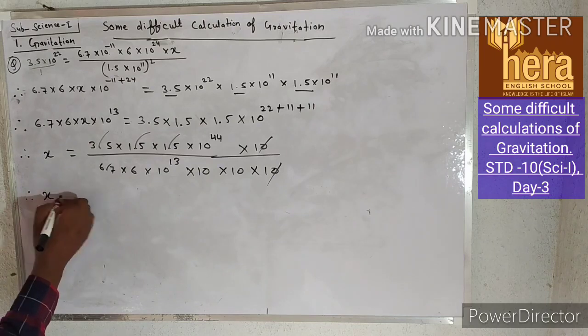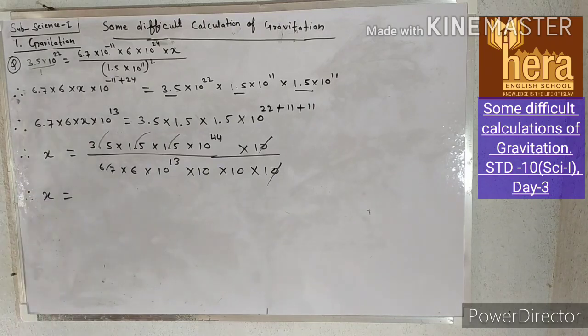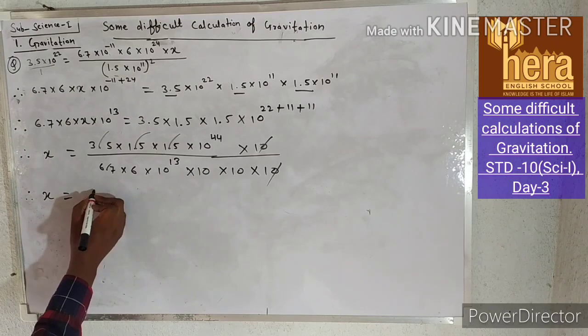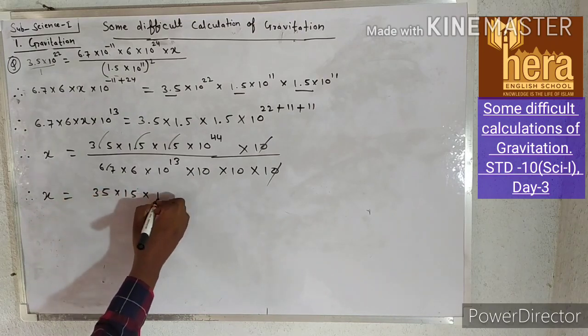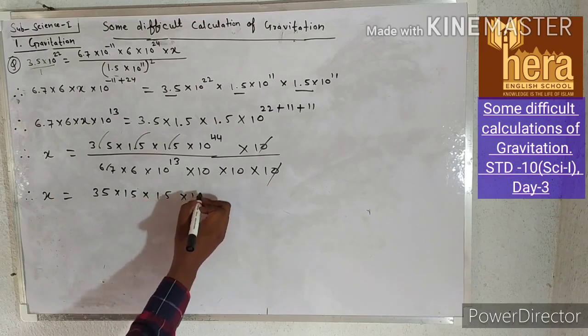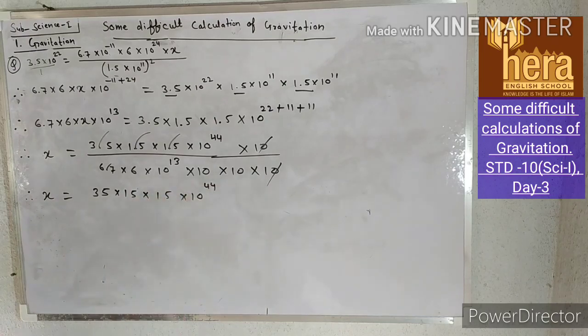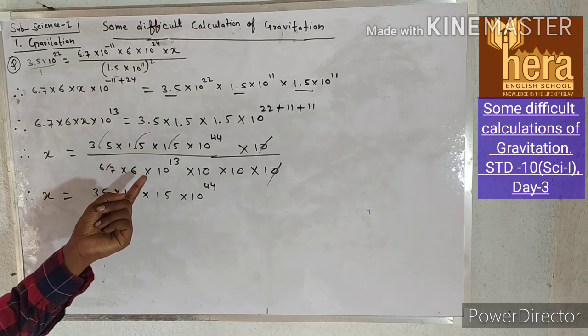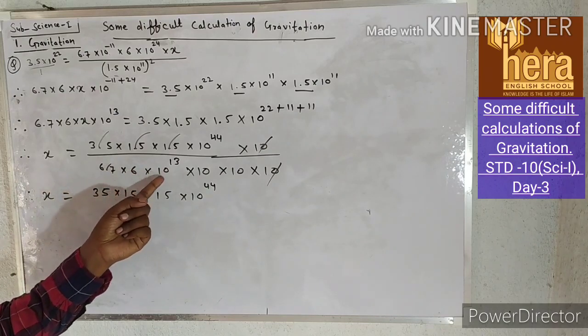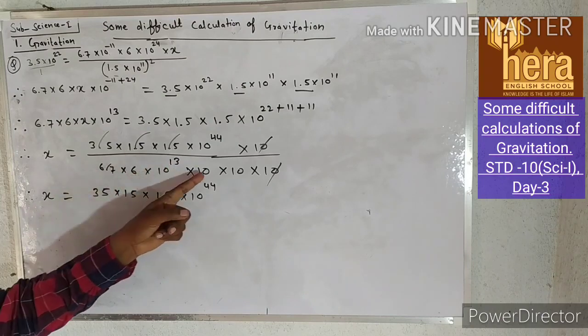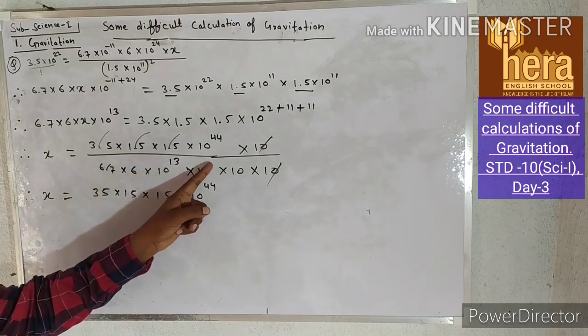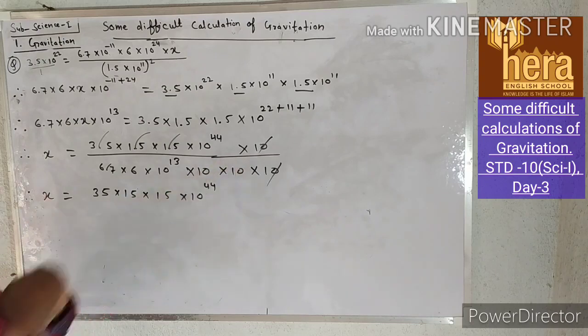Therefore, x will be equal to 35 into 15 into 15 into 10 raised to 44. See, here is 10 raised to 13. Here is 1. Here is 1.